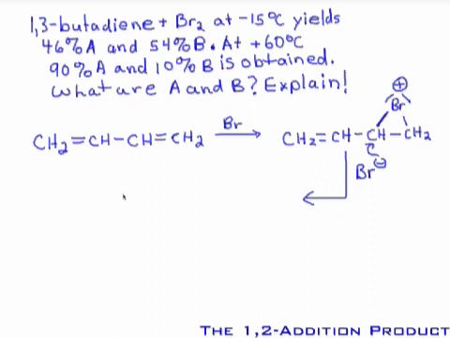And it can give us 1,2 addition. That addition is trans. But there's free rotation. And we get a 1,2 addition product.